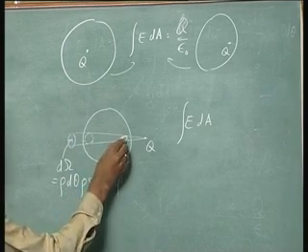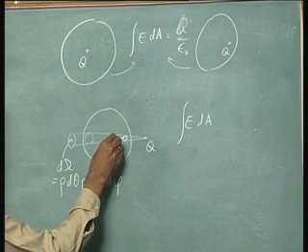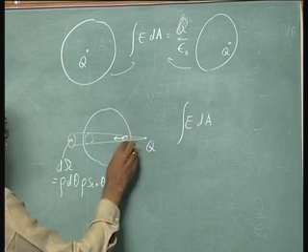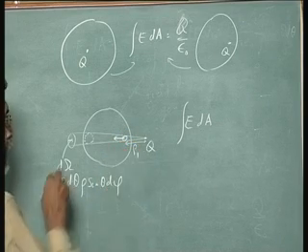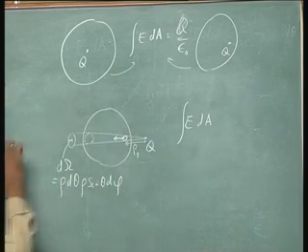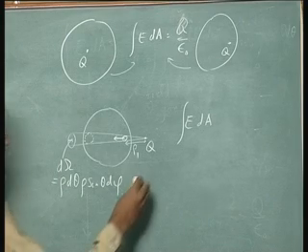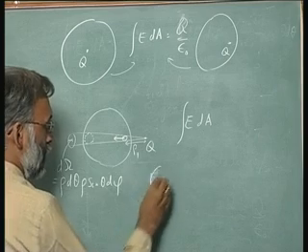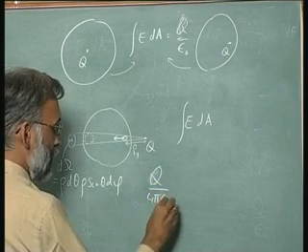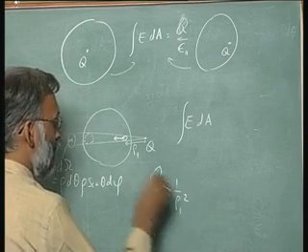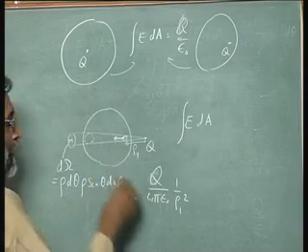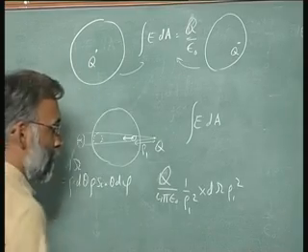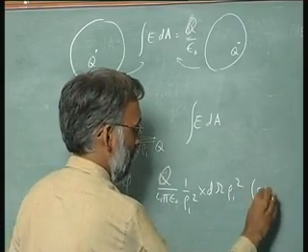Where it enters, the electric field is going into the sphere, and if this distance is rho 1, the amount of flux entering the sphere would be q over 4 pi epsilon naught 1 over rho 1 squared multiplied by the size of this, which is d omega times rho 1 squared, entering.